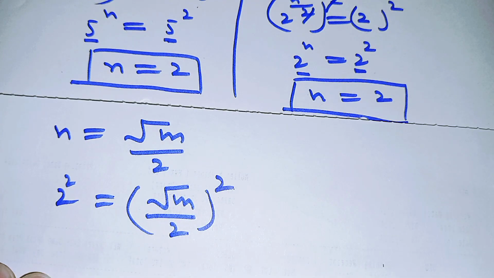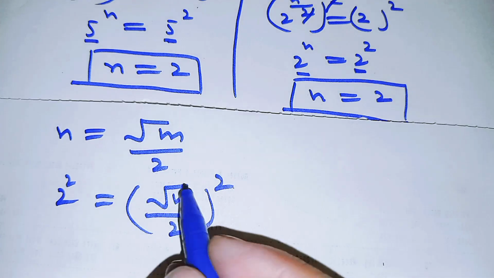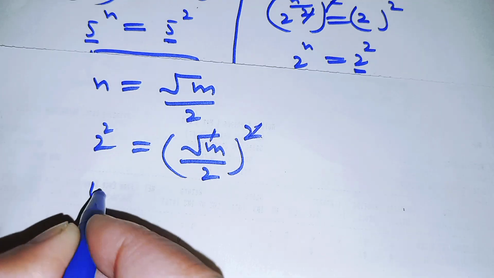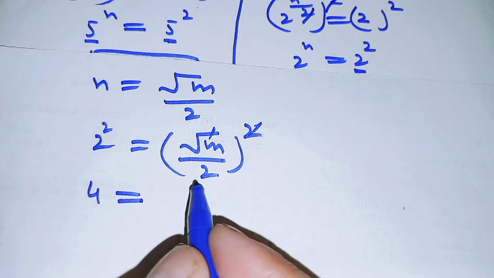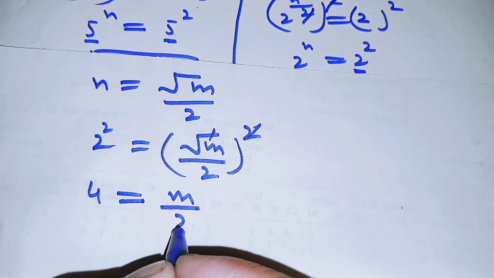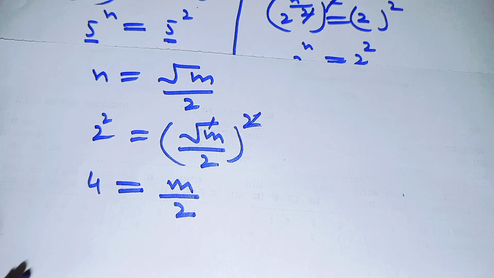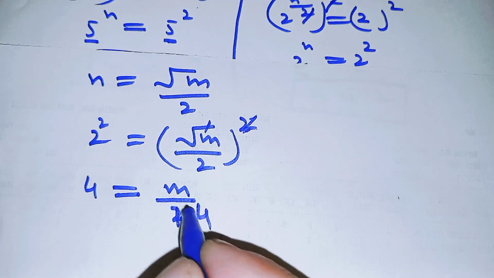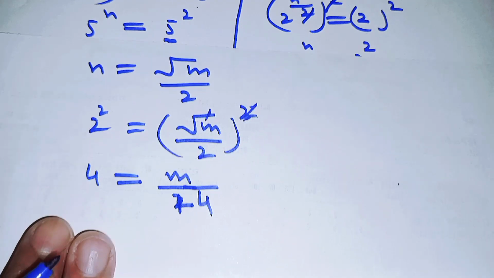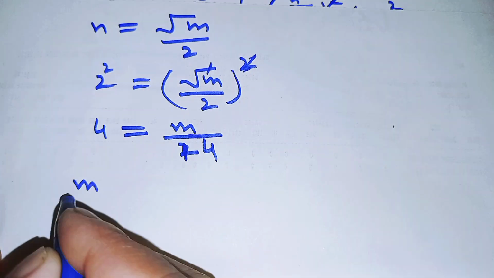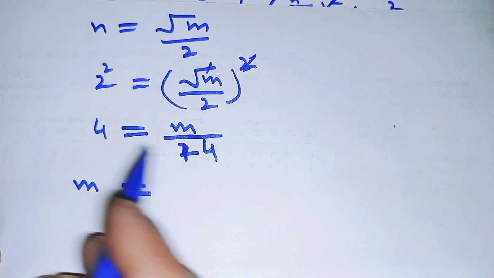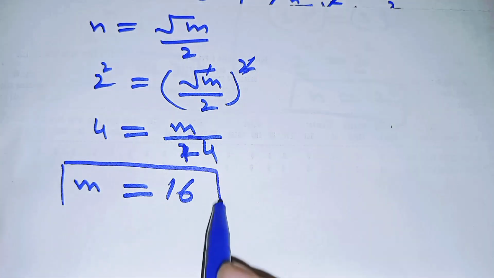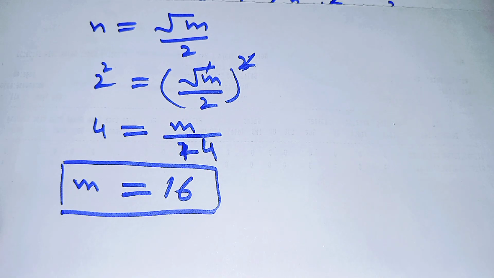The square root cancels out with the square, and the remaining is 2 squared is equal to m over 2, and 2 squared is 4. So m can be written as 4 multiplied by 4, which is equal to 16. Now we have found the value of m: m is equal to 16.